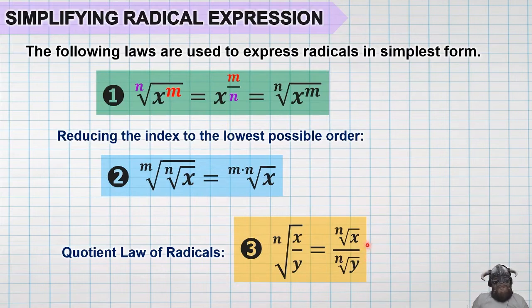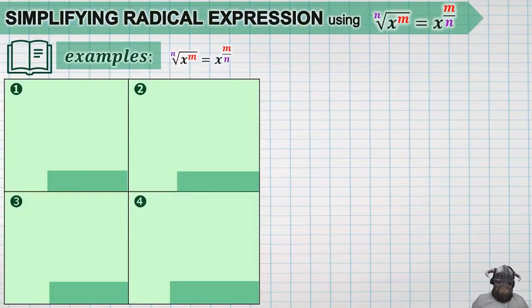Dito naman, imbes na paghiwalay yung factors, yung quotient, yung pinag-iwalay, numerator tsaka denominator, we're getting the individual roots of them. Para mas maintindihan natin kung paano ginagamit tong mga given law of radicals in simplifying, let's try to have these as following examples. So ito muna yung paggamit ng transforming radical expression into an expression with rational exponent.